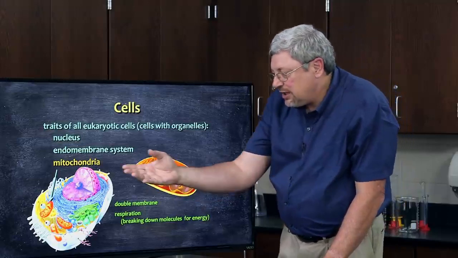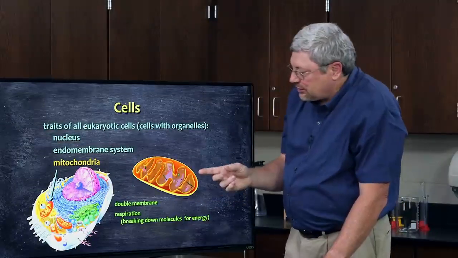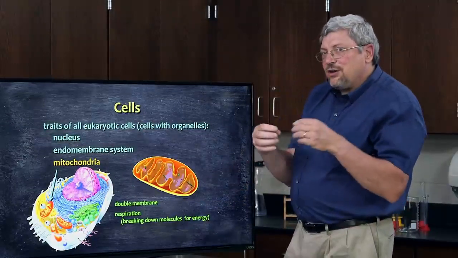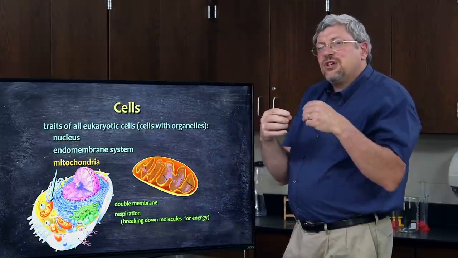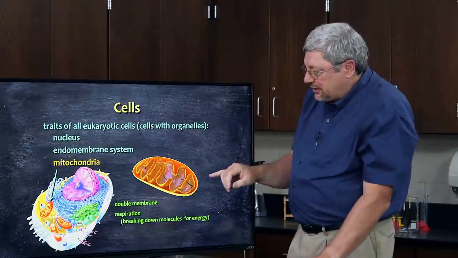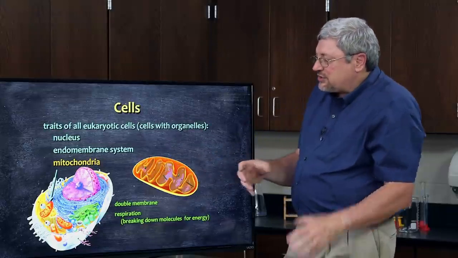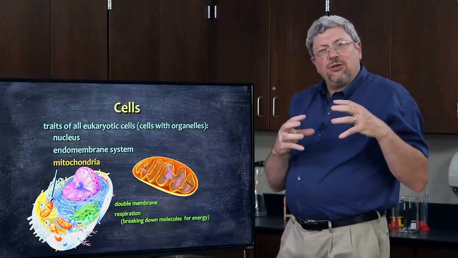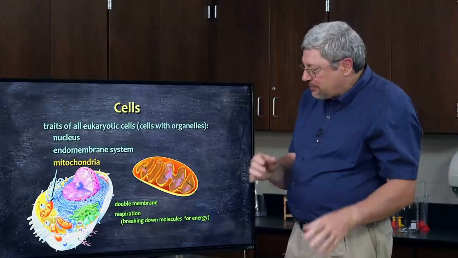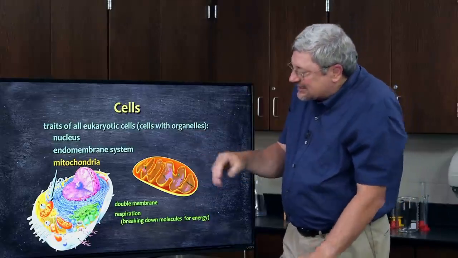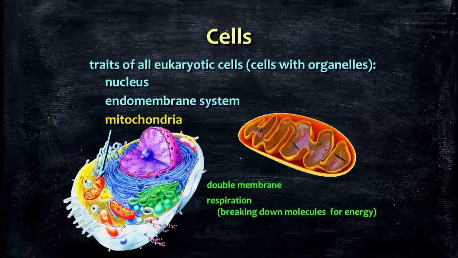So it's a double membrane, in one sense similar to the nucleus. But in this case, they're not fused together in such a way as to produce holes to the outside. There's one membrane on the outside, which gives the mitochondrion sort of a kidney bean shape. And there's a membrane on the inside, which is folded and convoluted, giving lots of surface area.